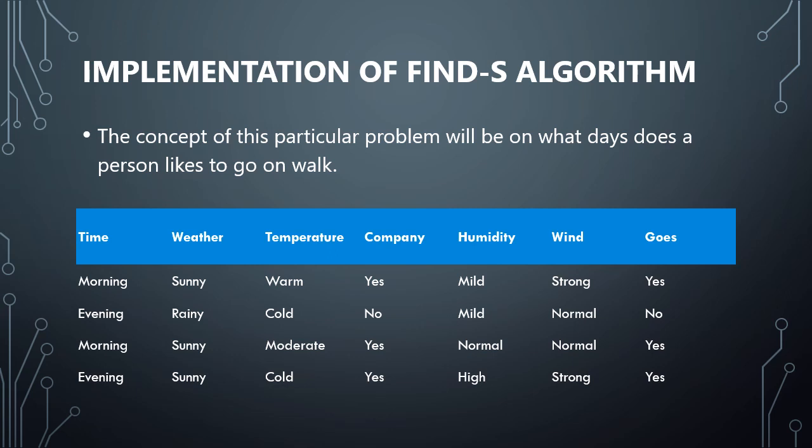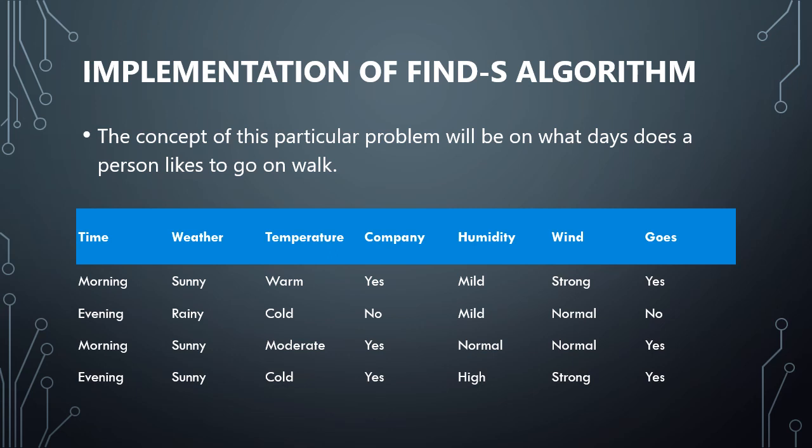In this data set we have the six attributes and a final attribute that defines the positive or negative example. In this case, yes is a positive example, which means the person will go for a walk.